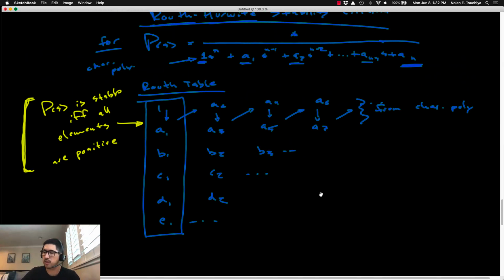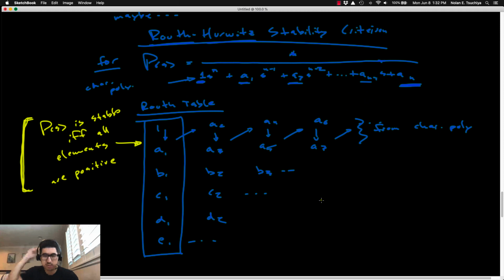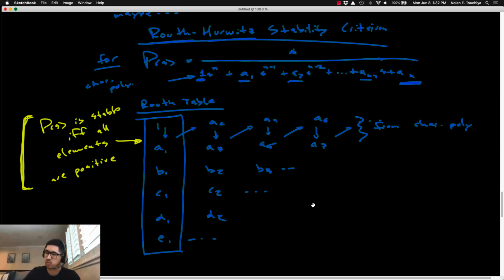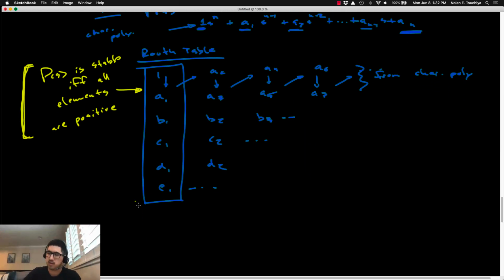Remember that we have some nth order polynomial with all positive coefficients, but again, that doesn't guarantee stability. So the next step is to check the Routh test by populating the Routh table. And then the definitive answer for whether or not the system is stable is to determine if all of the elements in the first column are positive.